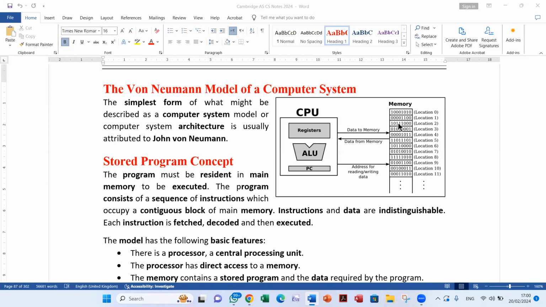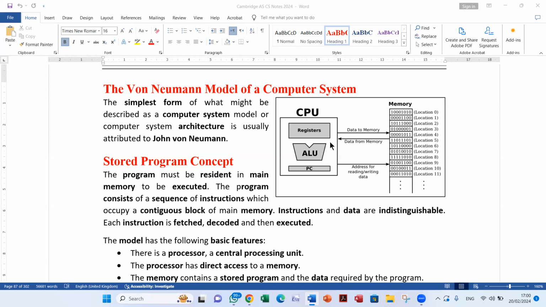So in the memory, we have the running program together with its data. These instructions are moved, or we can say fetched, by the processor, the CPU.